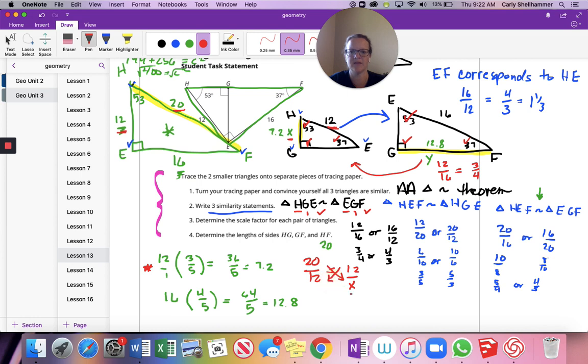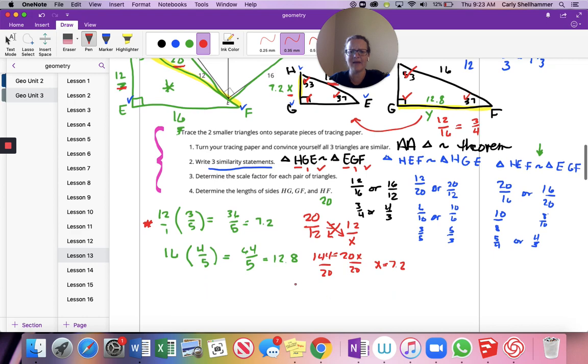So I get 20x equals 144. Divide both sides by 20. I should get up and go get my calculator. 144 divided by 20, and I get 7.2. Same thing. All right. I like that better than using the scale factor personally.